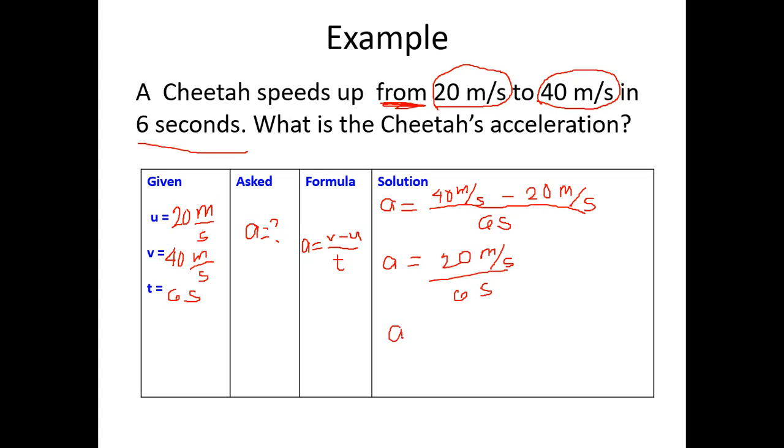So your acceleration is 20 divided by 6, which gives you 3.67 meters per second squared. So there is your answer.